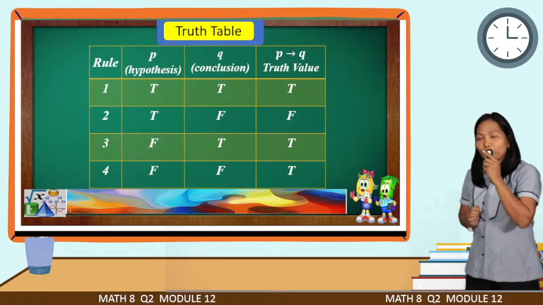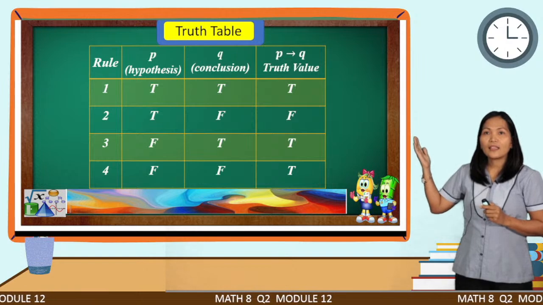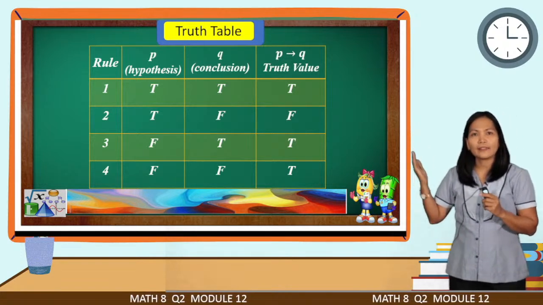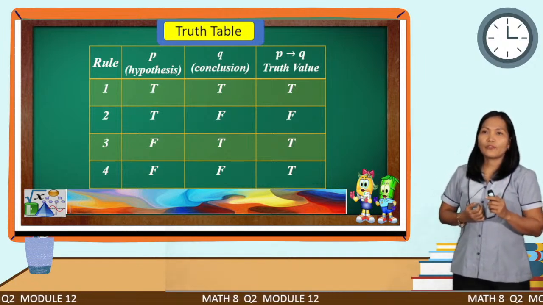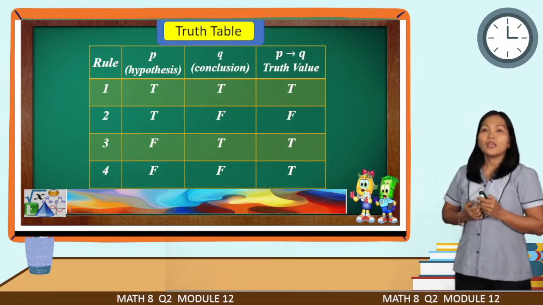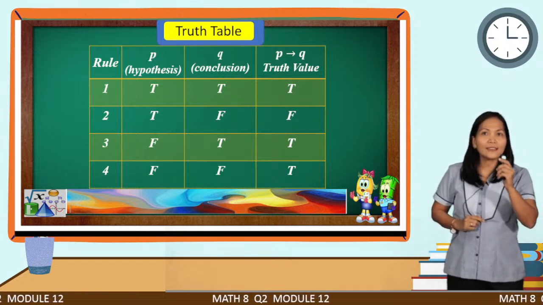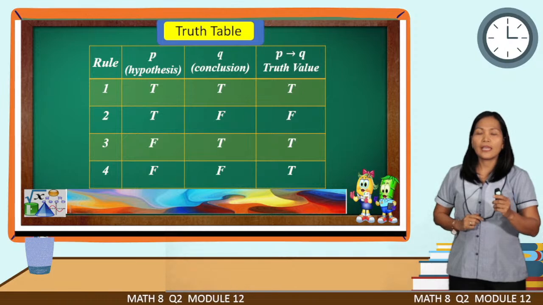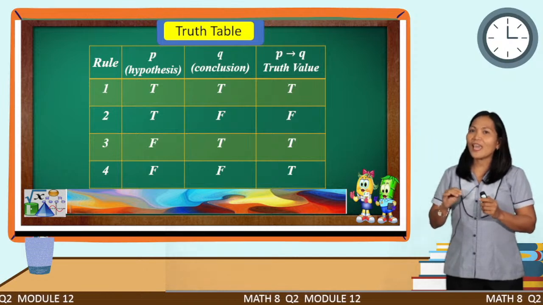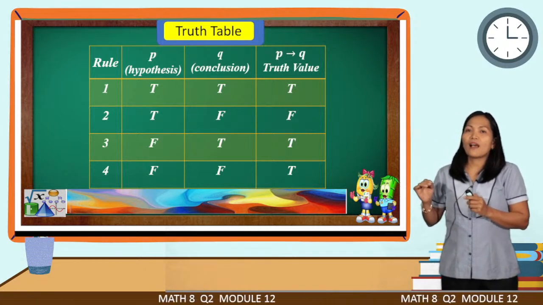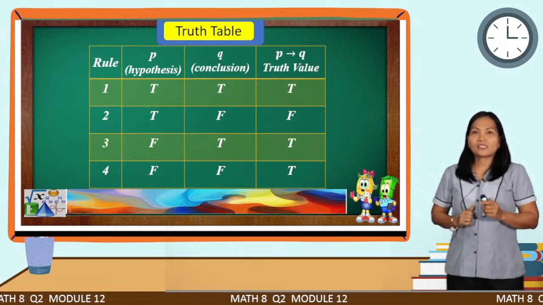And for rule 2, if the hypothesis is true, but the conclusion is false, then the decision for that implication is false. For combination 3, if the hypothesis is false, but the conclusion is true, still that implication is true. And for the 4th combination, if both the hypothesis and the conclusion are false, then that implication is true.